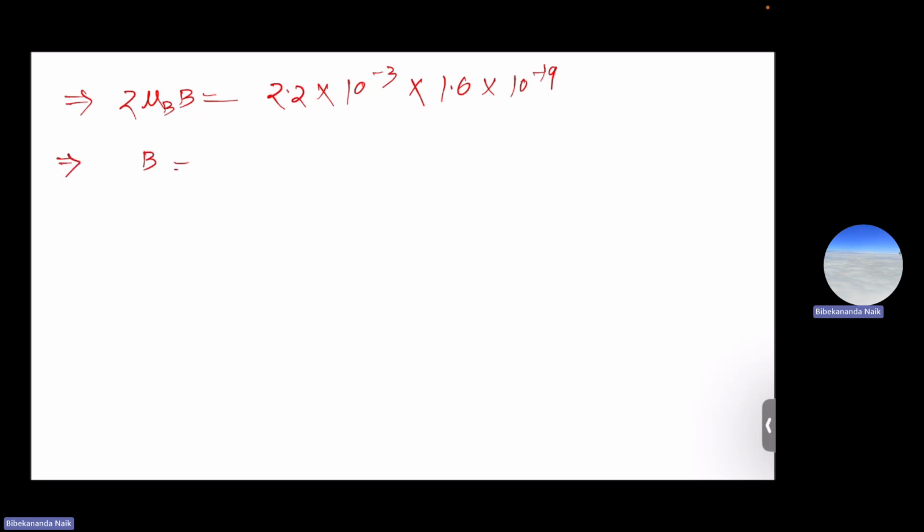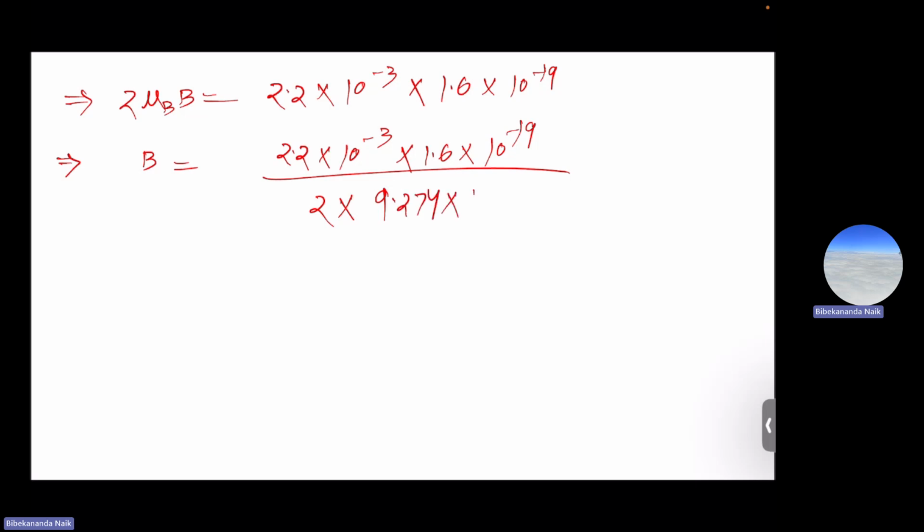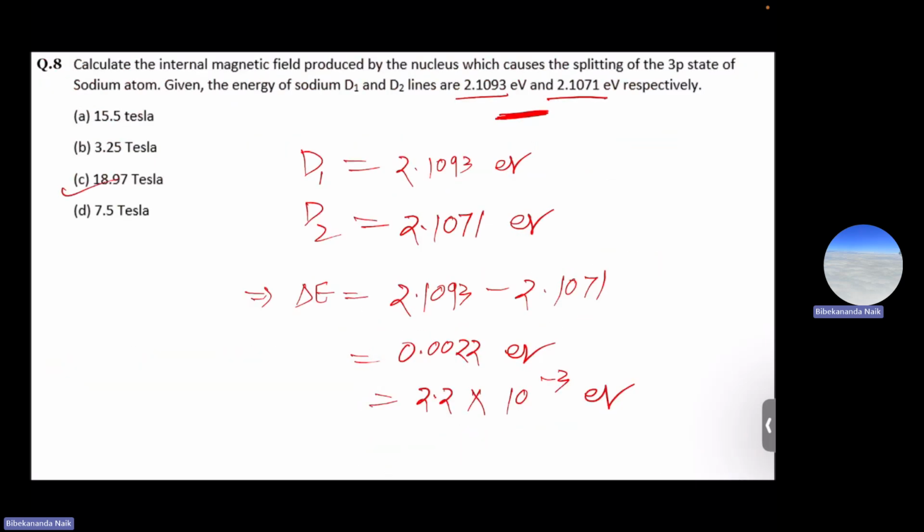So B will be 2.2 into 10 to the power minus 3 into 1.6 into 10 to the power minus 19, divided by 2 into 9.274 into 10 to the power minus 24 joule per Tesla. It is coming out to be 18.97 Tesla. Joule and joule per Tesla, so joule gets cancelled out and only Tesla remains. So the magnetic field is 18.97 Tesla. So the correct option is option C.